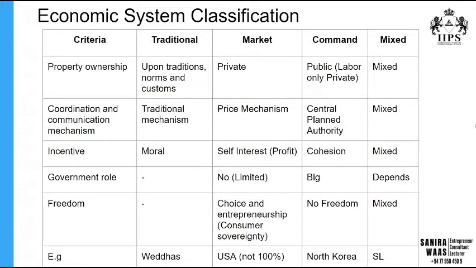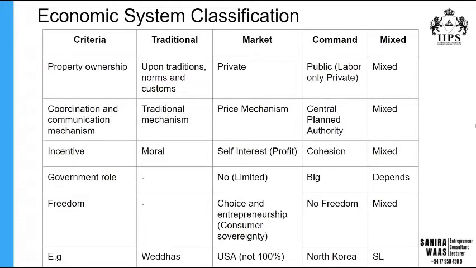In a traditional economy, they have their own unique way, derived from their traditions, norms and customs, of solving these economic problems. But the specialty comes with the market and command economic systems, where they have a unique perspective on solving this basic economic problem.